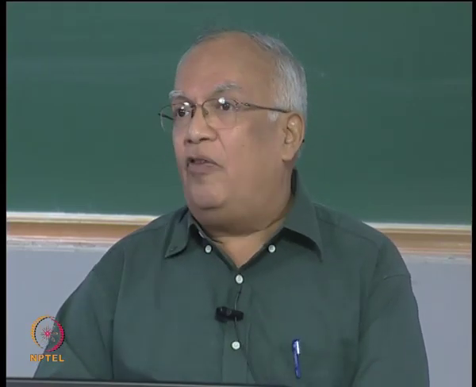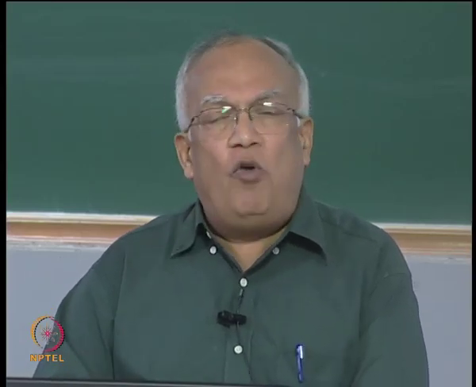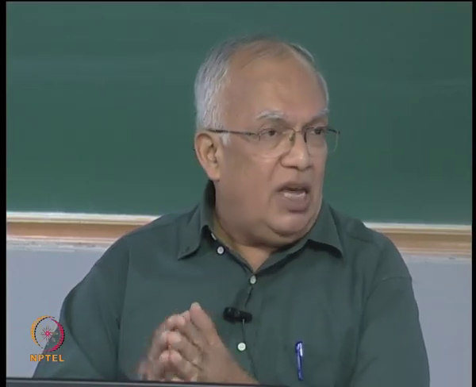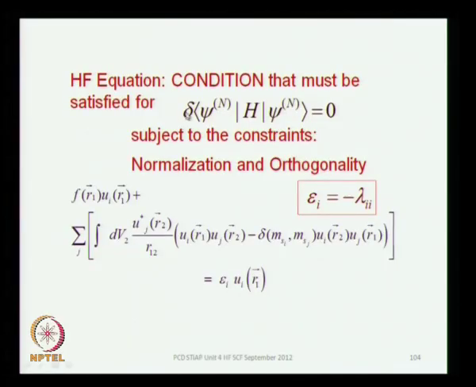So this is the Hartree-Fock equation in the diagonal form, in which epsilon i takes the place of what an eigenvalue does in an eigenvalue equation, if this were an eigenvalue equation, which let us not assume that it is just because it looks like it, but it has got some similarity with that. And this is what we recognize as the necessary and sufficient condition that must be satisfied.